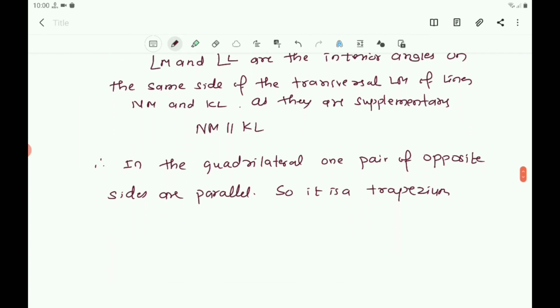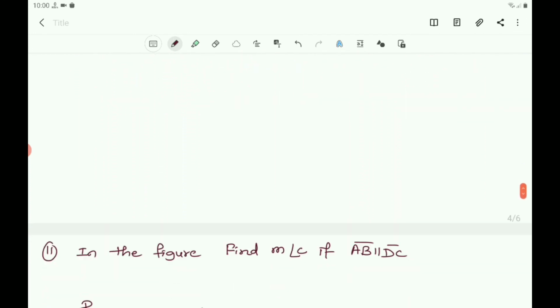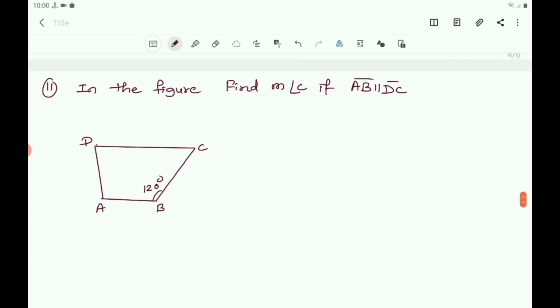Now let us take the next question. In the figure, find the measure of angle C if AB is parallel to CD. It is given that AB is parallel to CD. You write in the figure AB parallel to DC.